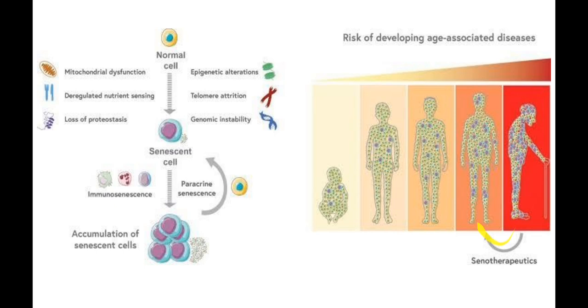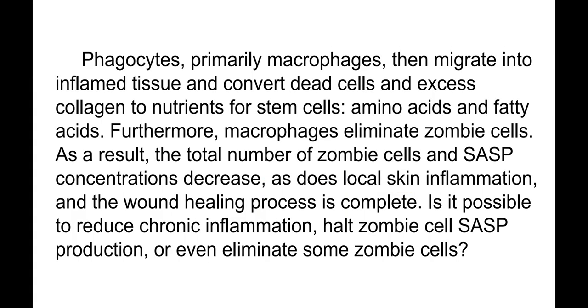But it is possible to reduce the number of senescent cells in principle. So there is a way to feel a little bit better. Phagocytes, primarily macrophages, then migrate into inflamed tissue and convert dead cells and excess collagen to nutrients for stem cells, amino acids and fatty acids.